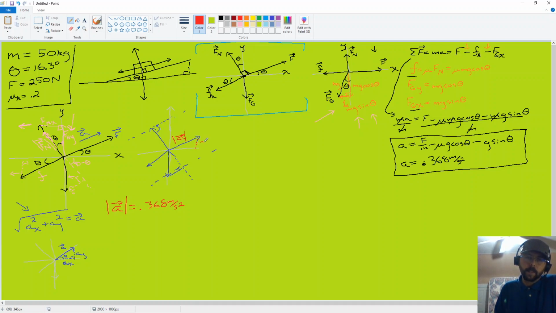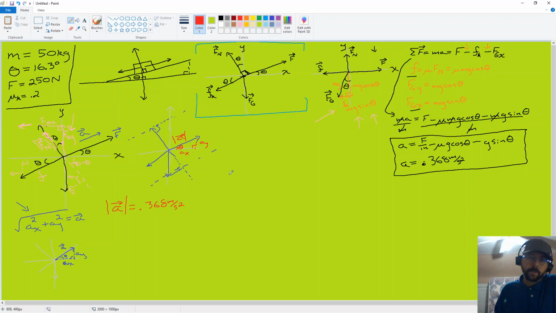This is the acceleration y component. This is the acceleration x component. So this squared plus this squared should equal this squared. So then I know this angle is 16.3 degrees, as that was given in the problem.